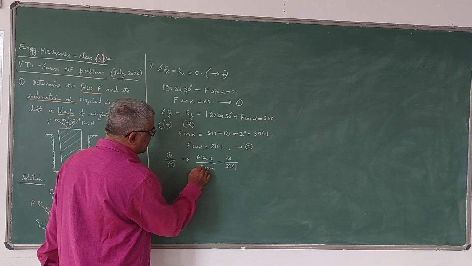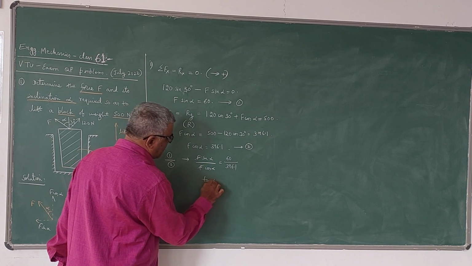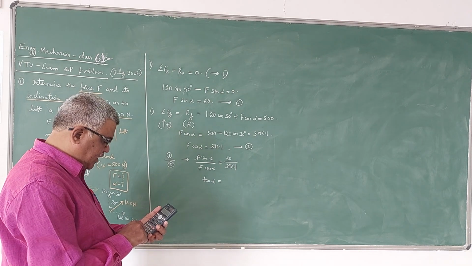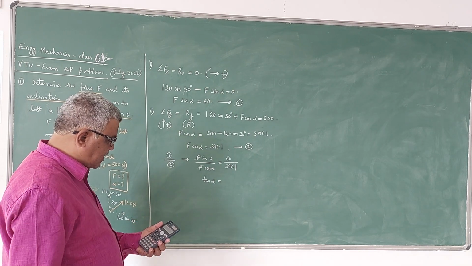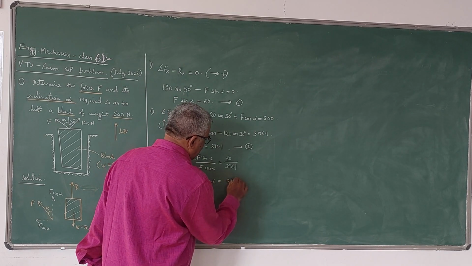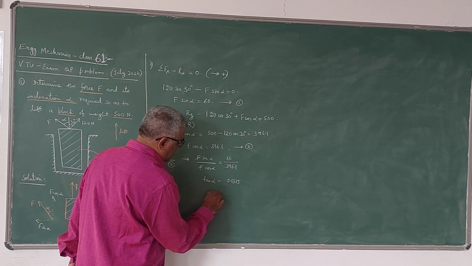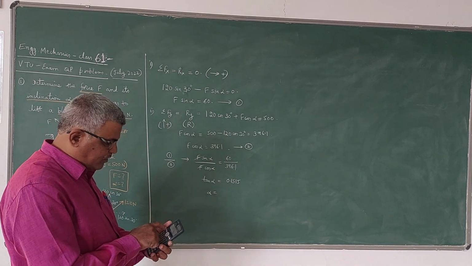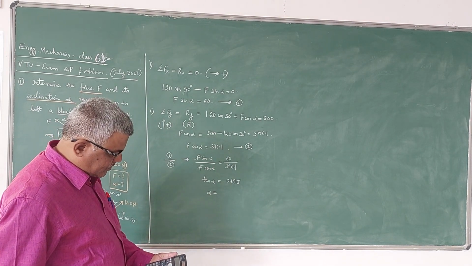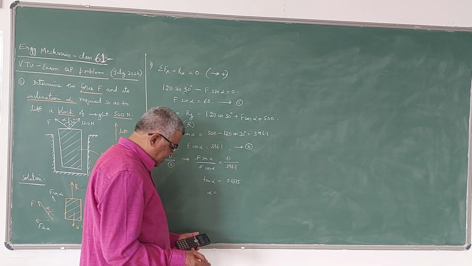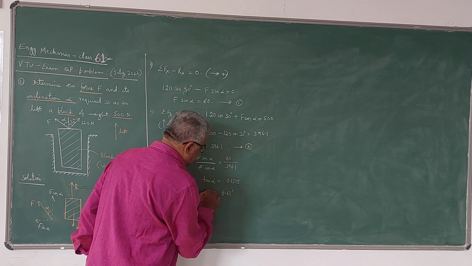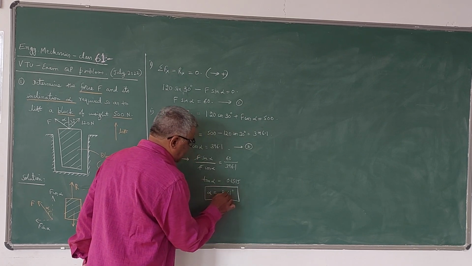Or you can write tan alpha is equal to 60 divided by 396.1, which is 0.1515. Alpha is equal to tan inverse of 0.1515, which is 8.61 degrees. That is the value of angle alpha.